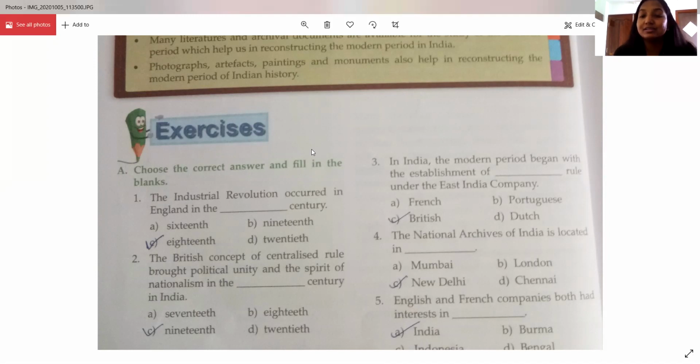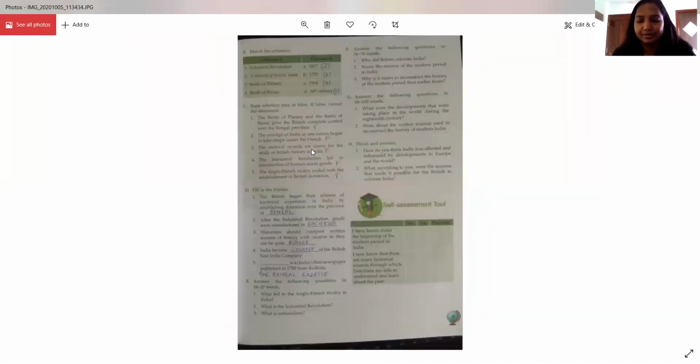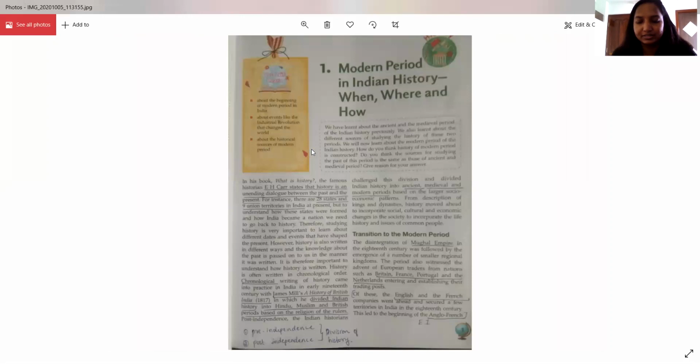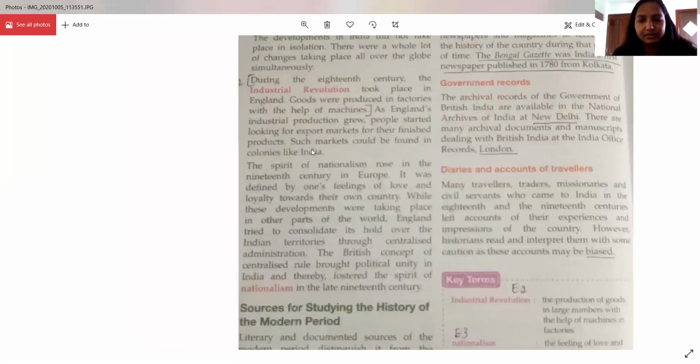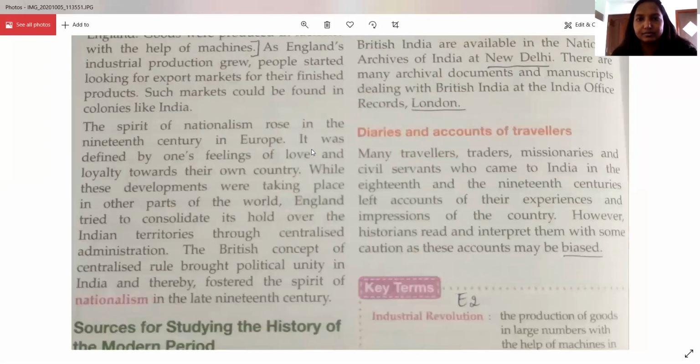It was during the 19th century that nationalism arose. If you remember, we spoke about it here. 19th century.